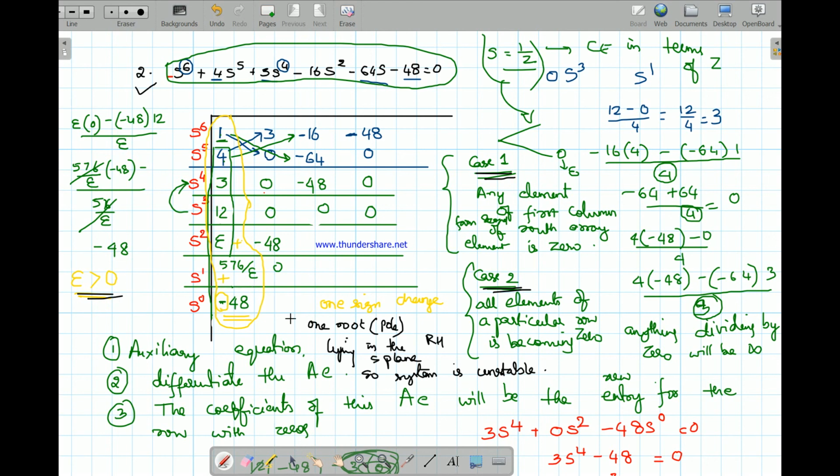So at least there is one root in the right half of S plane. Therefore we say that the system is unstable. So this is the solution for this particular problem.